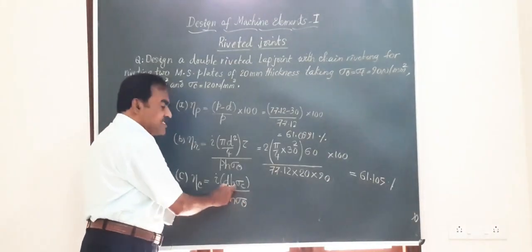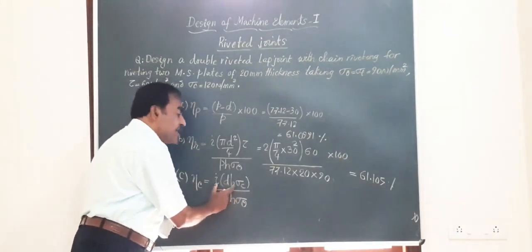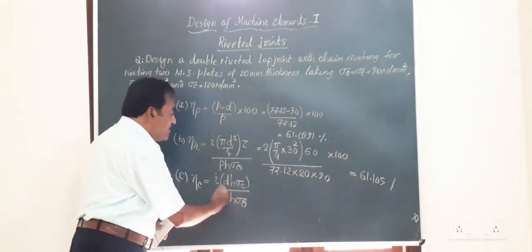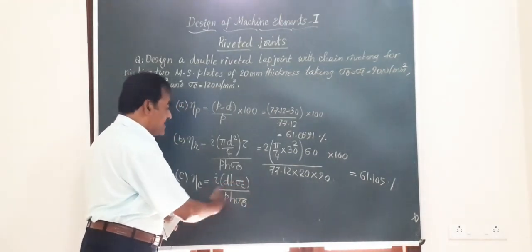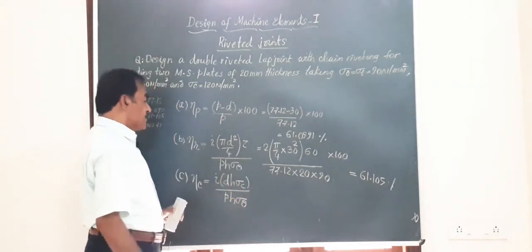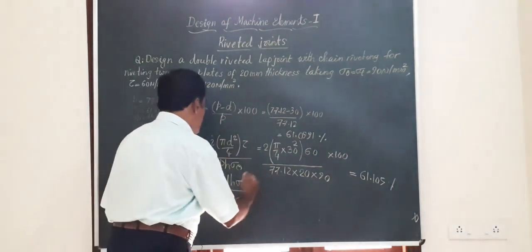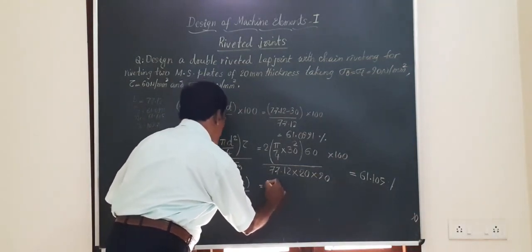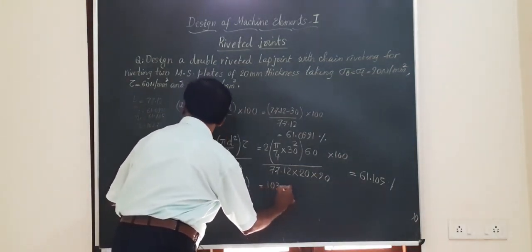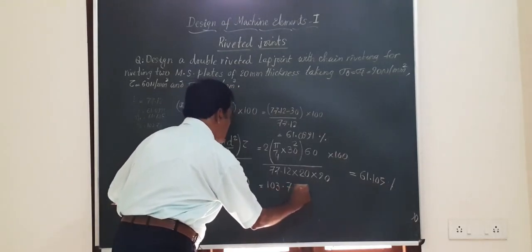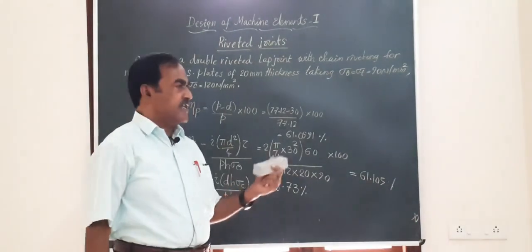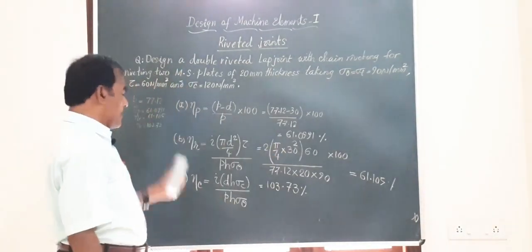So d into h is the area under crushing, into i will give you the total area under compression, multiplied by crushing strength will give you the crushing load or the compressive load, divided by the strength of the solid plate. And if you make this substitution here, friends, you will get a value of eta C equal to 103.73%. Generally, friends, you should remember eta C will be higher than eta R and eta P.